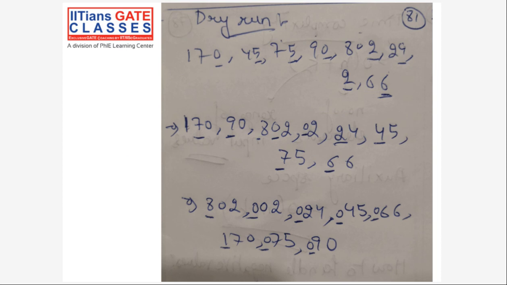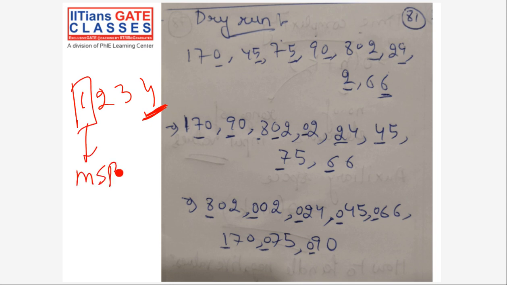So now what you'll do is you'll take the least significant digit. If I have a number, let's say 1, 2, 3, 4, this part is the least significant digit and this part is called the MSB, most significant digit.